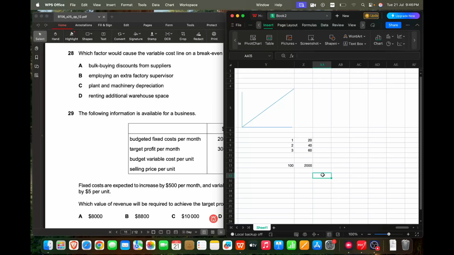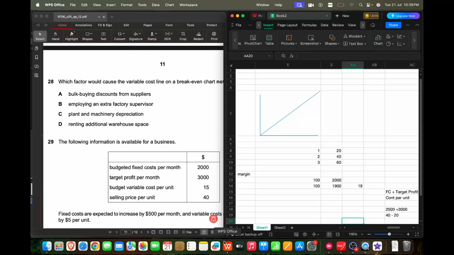But if we get a discount from our supplier and the supplier says that for 100 units you don't have to pay me 2,000 but only pay 1,900. Now in this case the variable cost per unit would decrease, which is 1,900 divided by 100, so $19. So our rule was we are paying 20 per unit, but when we buy in bulk for 100, then we have to pay only 19.